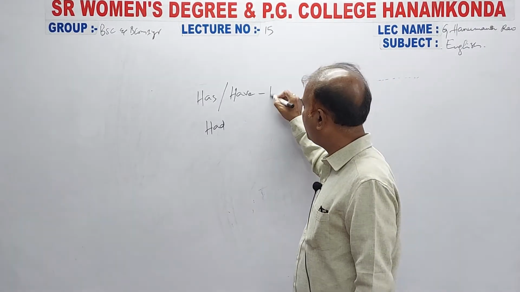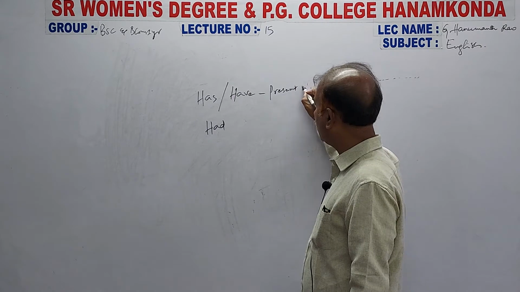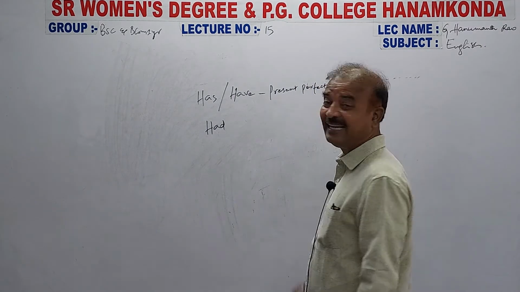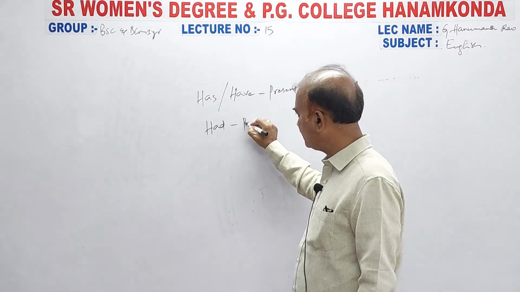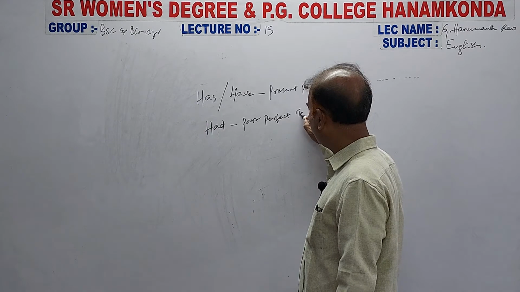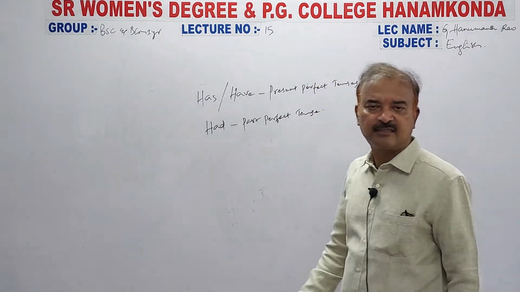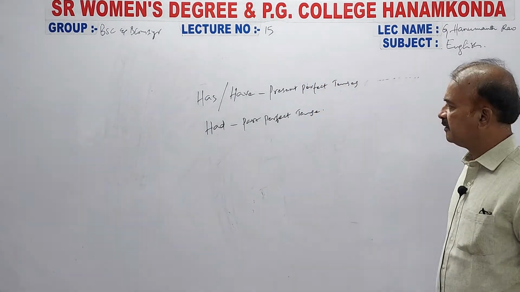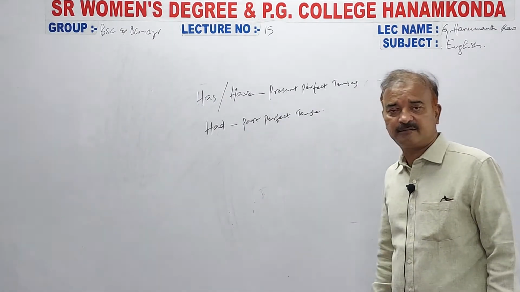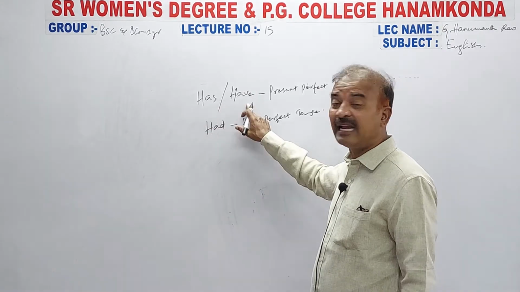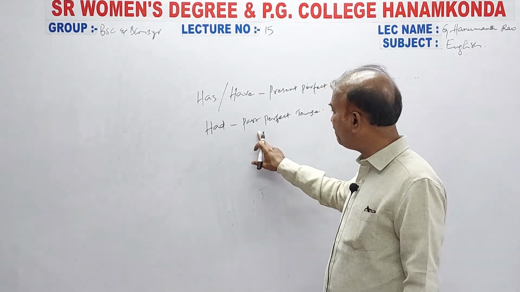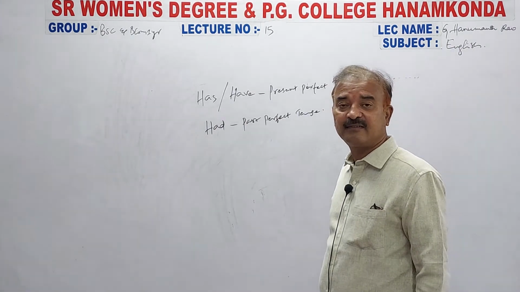Now these are present perfect tenses, and this is past perfect tense. Past perfect tense. Check this. Has and have both are called present perfect tenses. Had is only past perfect tense.